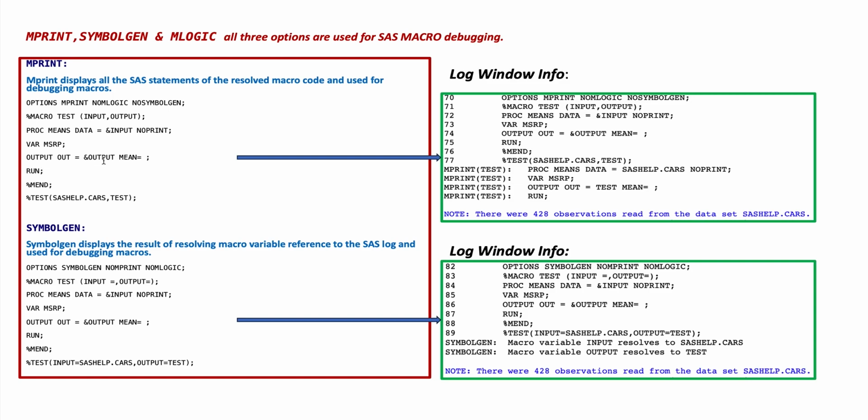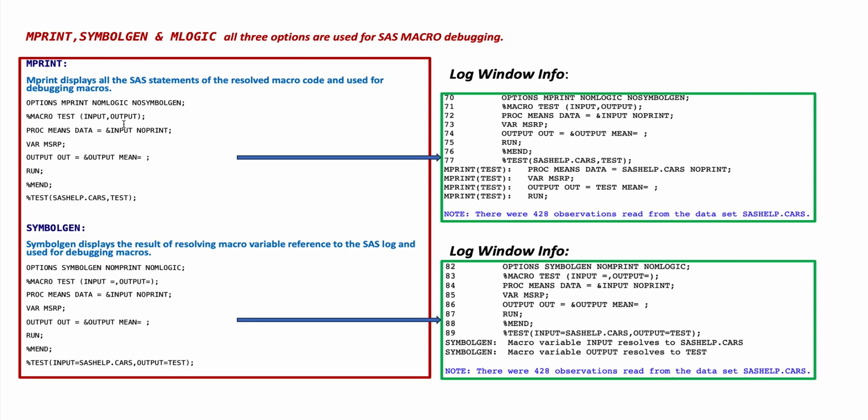Output is ampersand output, and we are giving it the name test, and we are ending the macro with %mend and calling the macro with %test, with sashelp.cars as input and test as output.